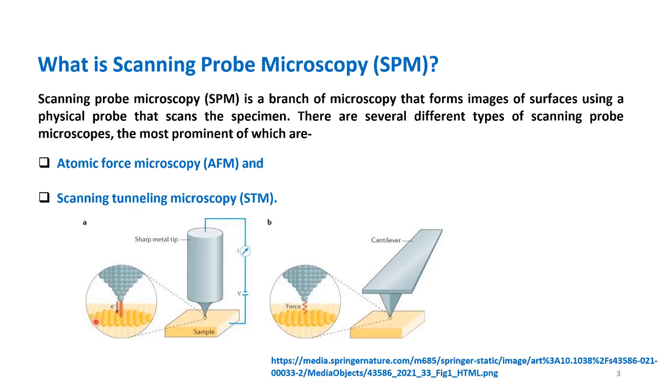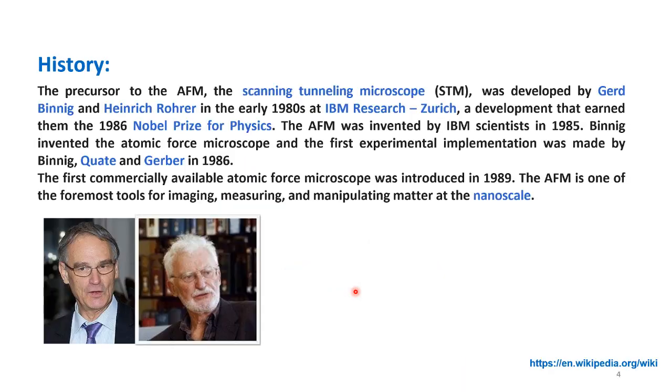This is the tunneling process, so that is why it is called a scanning tunneling microscope. Here we observe the electron transfer change, and in AFM the repulsive or attractive force, and that is how we can produce the micrograph.